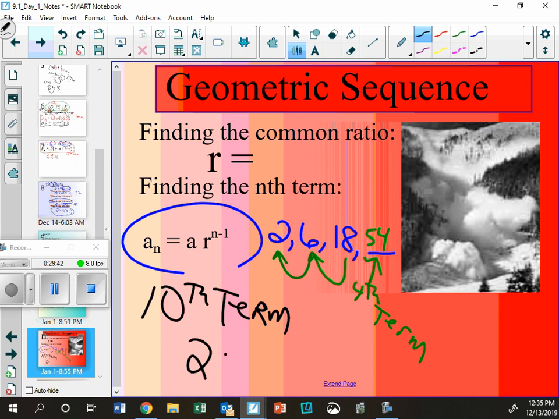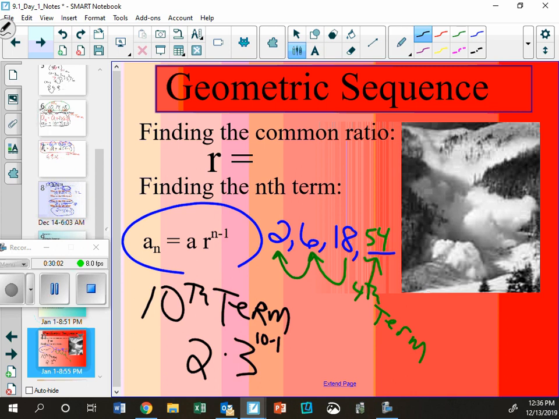And then we're assuming we're still doing the same problem where we're multiplying by 3. So then this is a 3, and then it'd be to the what? To the 10 minus 1, which would be to the 9th. Yes, 2 times 3 to the 9th. Raise your hand if you knew that. Okay, awesome. Then you've learned everything you needed to for today.